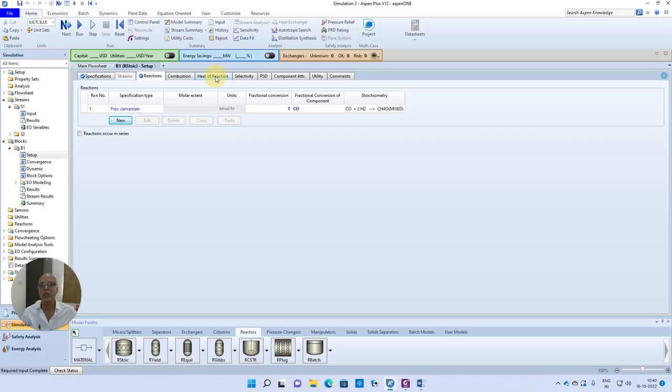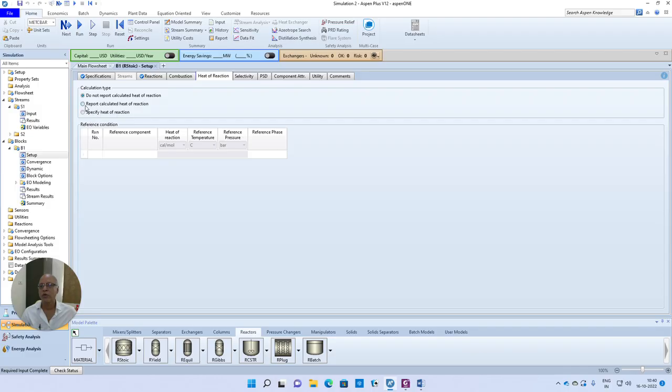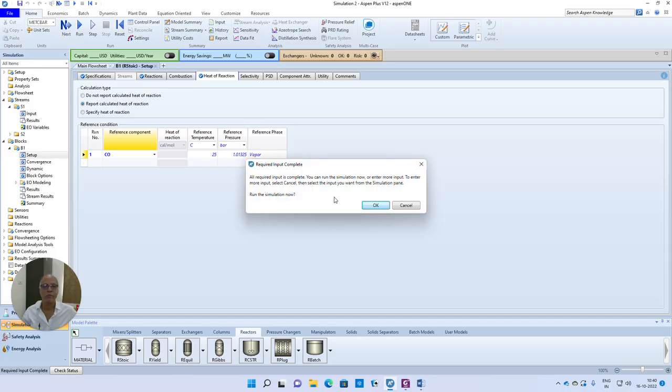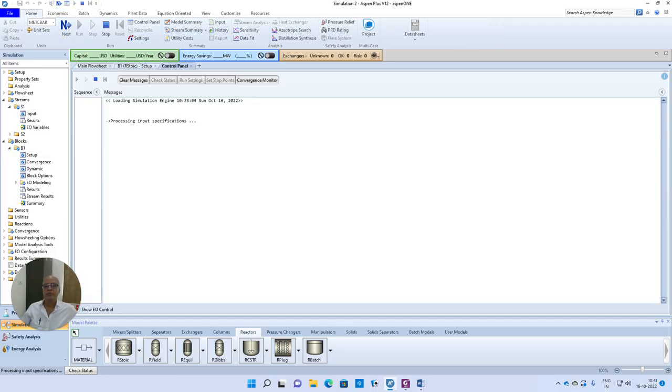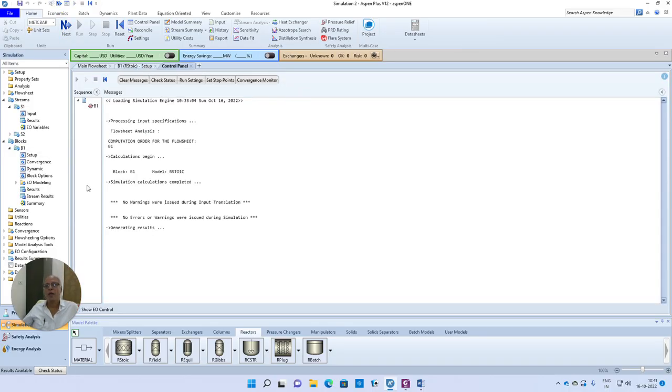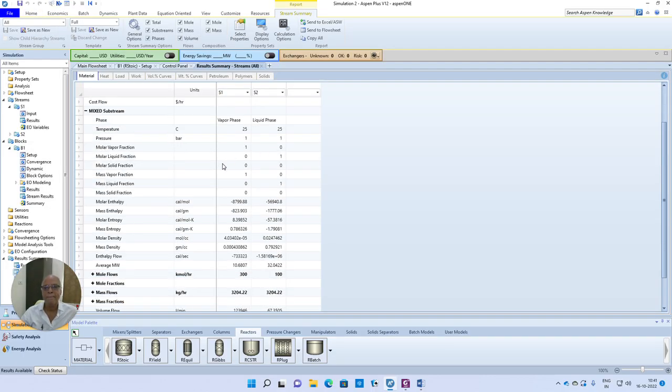But let me go into this heat of reaction. We wanted to calculate the report calculated heat of reaction with respect to reaction number 1. The reference component, I am selecting it as CO at this temperature and pressure. Right? Next.